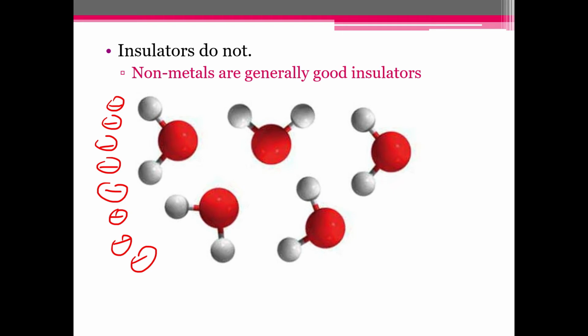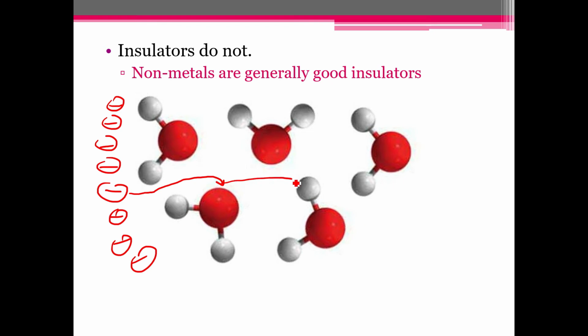This is again why if you have a sample of pure water with no dissolved ions, it doesn't conduct electricity very well, because the electrons don't have an easy way to move through this structure. For example, this electron might fly through here, but then it might get attracted to this part of the water molecule. Because again, this part of the water molecule is, actually that's wrong, that's the negative part.